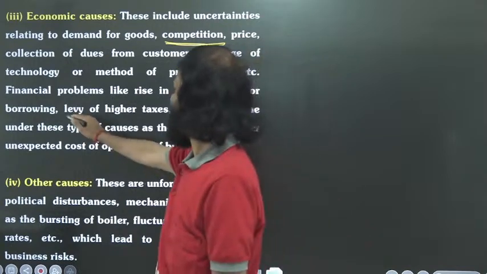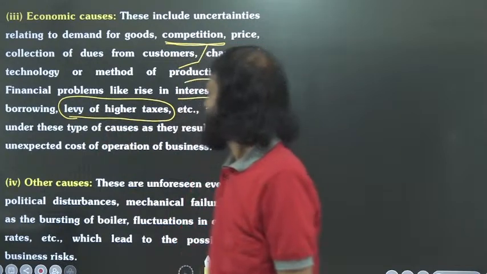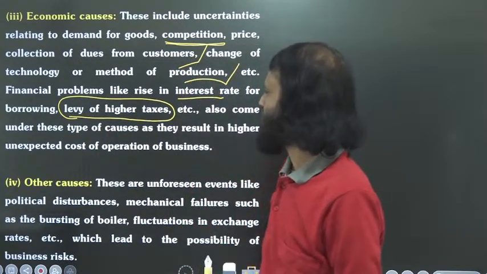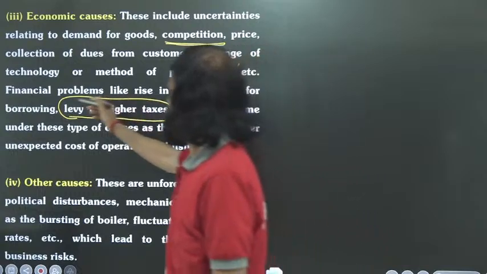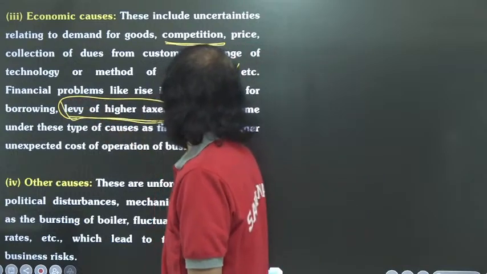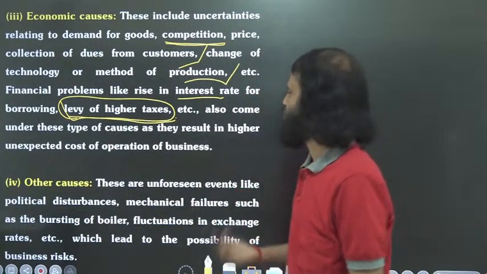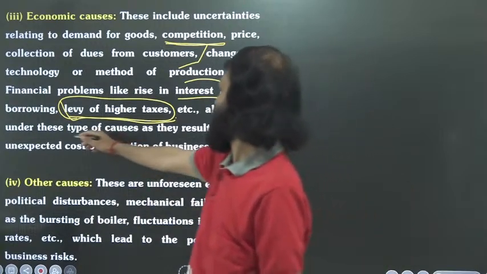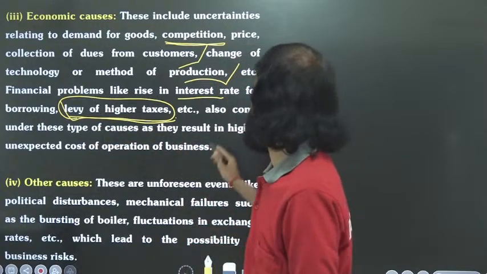Levy of higher taxes, this is connected with the fiscal policies of government. If the government imposes more taxes on business organizations, that can also create a loss. These also come under these types of causes as they result in higher unexpected cost of operation of a business.